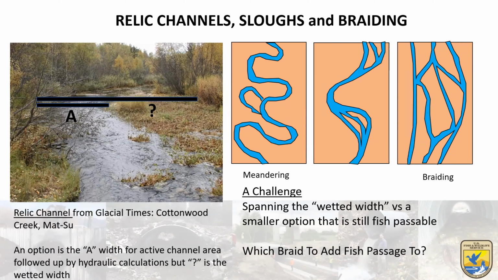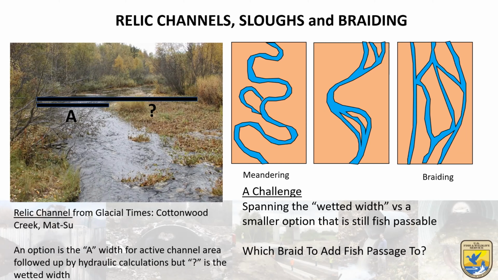So when you look at this, where do you make your bankfull call? The relic channel bankfull flows don't exist anymore, yet it's still a wetted perimeter. But then you've got this little option A width there, which is where the water's flowing. So it does get into a bit of a question.